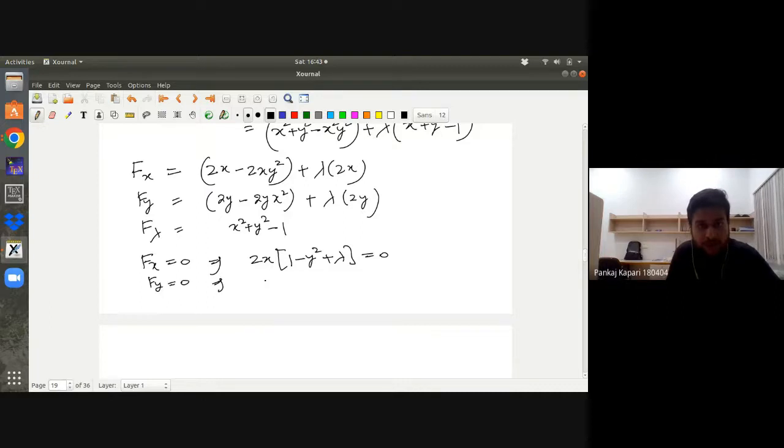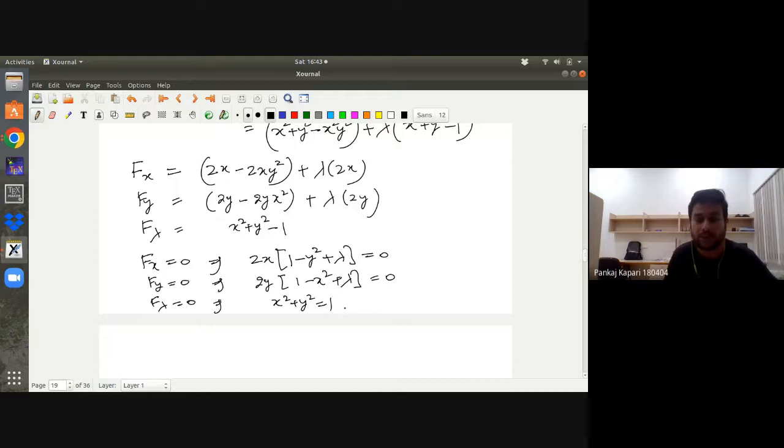F_y equal to 0 implies 2y times (1 minus x square plus lambda) becomes 0. And F lambda equal to 0 implies that x square plus y square is equal to 1.